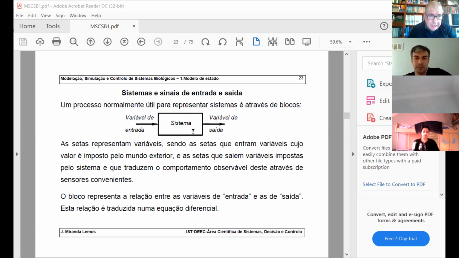And then you have to say, what is your model of measurement? For instance, you can measure one of the state variables. You have three state variables, you measure all of them, or just number one, or number two, or number three, or whatever. Or you have a function of the state variables. You can have a nonlinear function of the state variables.